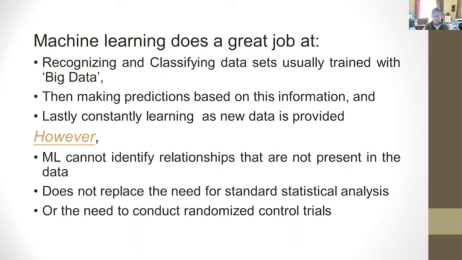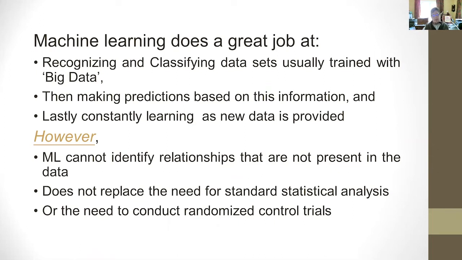It does a great job at recognizing and classifying data sets, usually trained using big data or deep learning. And then machine learning models can make predictions based on this trained information. And lastly, it can continue to learn or be better trained as new data is provided.